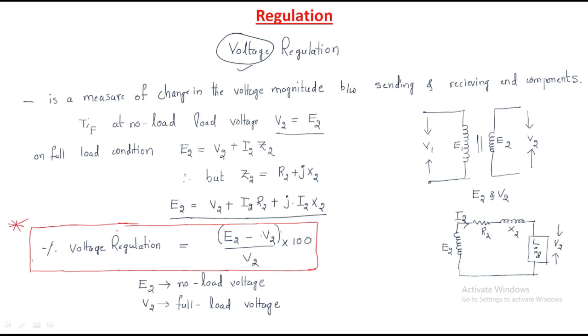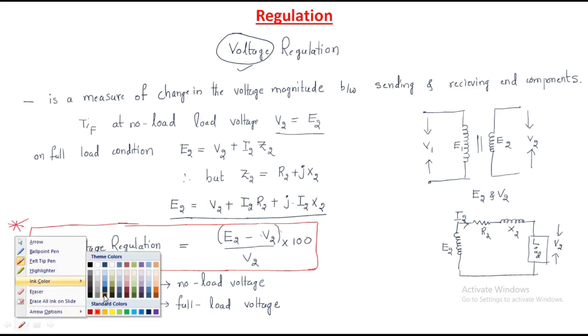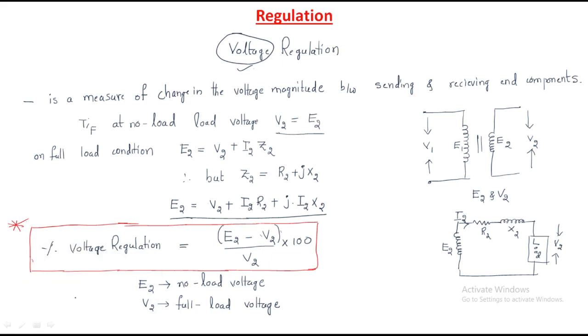For voltage regulation we have different formulas. Here we can write one thing: E2 minus V2 represents the voltage drop. Generally loads have different power factors, and from the different power factors, the voltage regulation will vary.